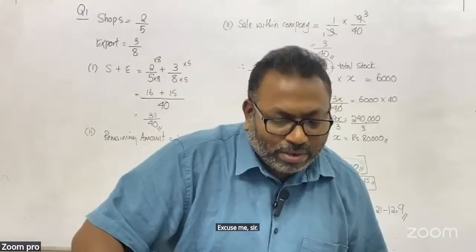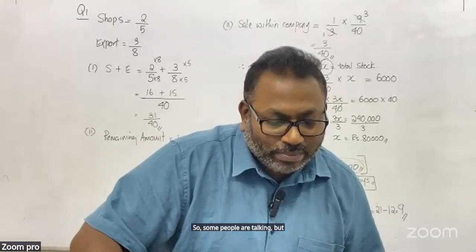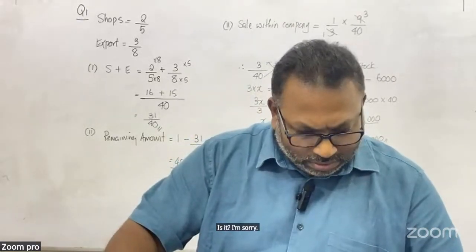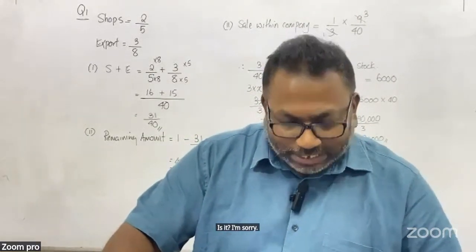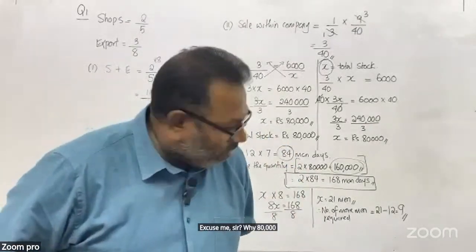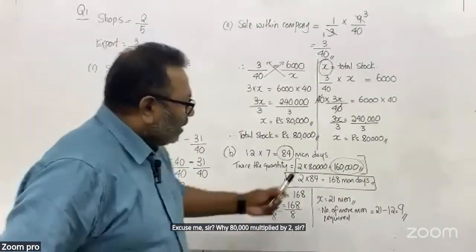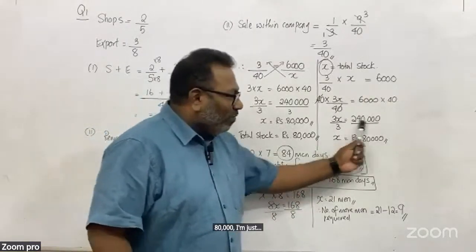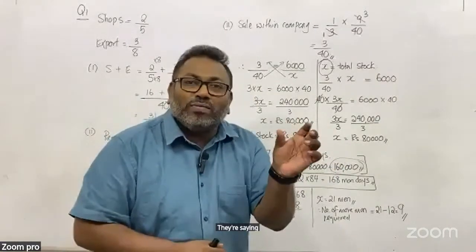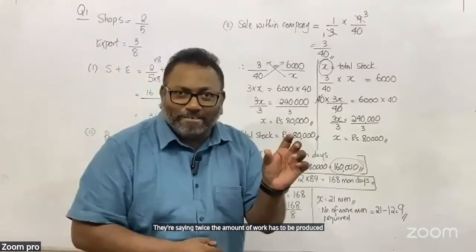Why 80,000 multiplied by 2, sir? 80,000, that is the amount of work that we need to double. They're saying twice the amount of work has to be produced, isn't it?